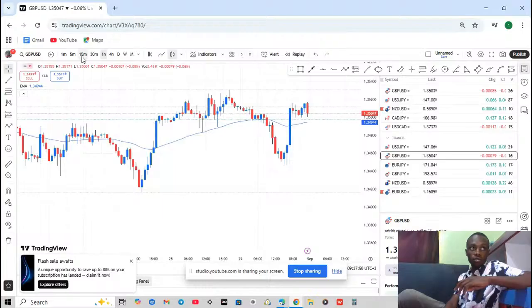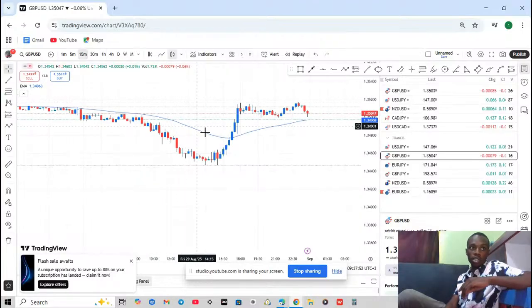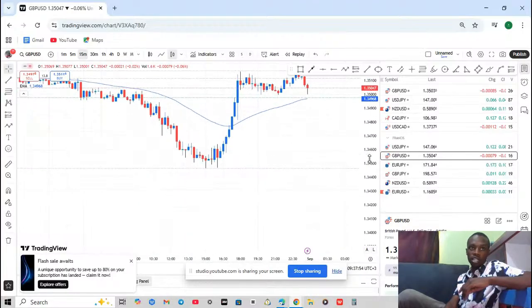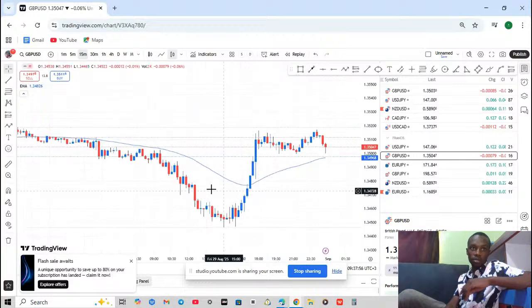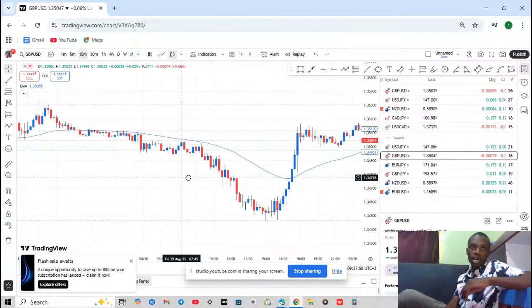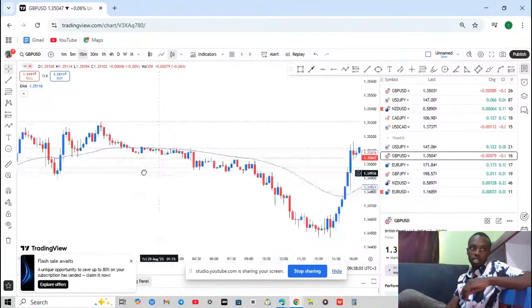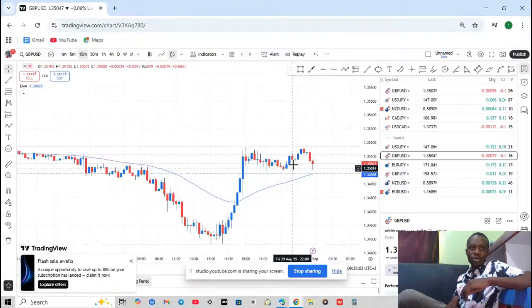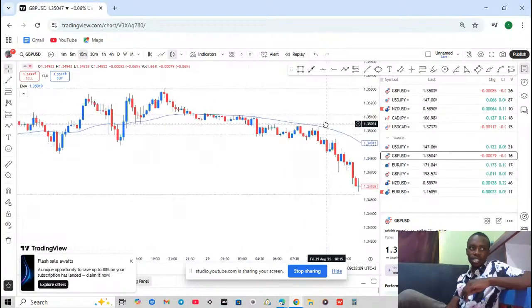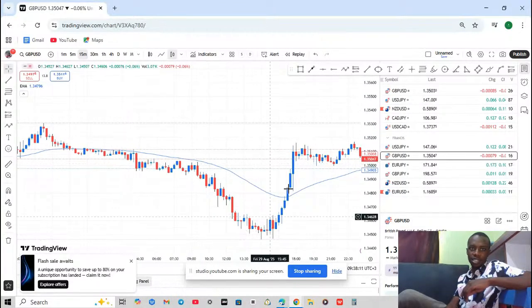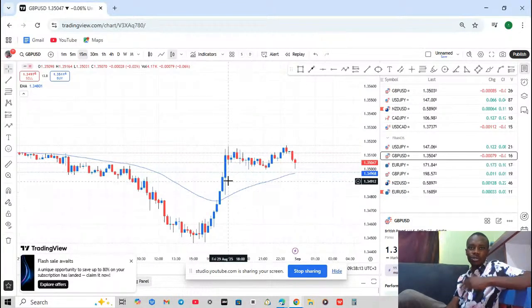After that, we jump into the 15-minute chart, where the market must be in a clear uptrend and above the 50 exponential moving average. Here, we can't say the market is in a clear trend. The market is kind of ranging. So the condition is not met in the GBP/USD.